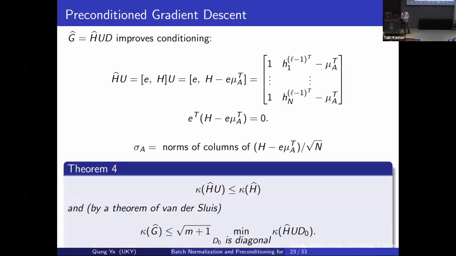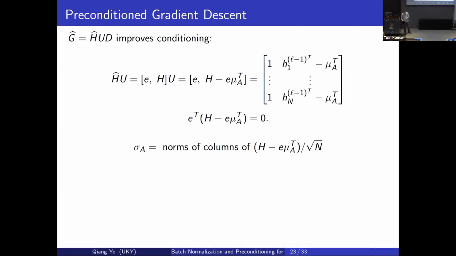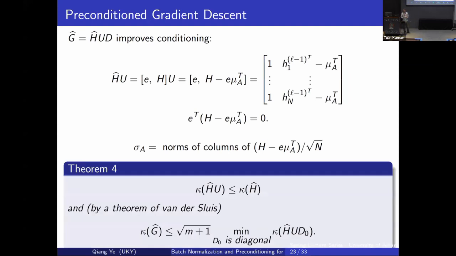When I normalize the centered activation by the standard deviations, in terms of matrices I just normalize each column to have norm square root n. The first column of course also has norm square root n. So all columns have the same norm, and that's another way the condition number can be improved.